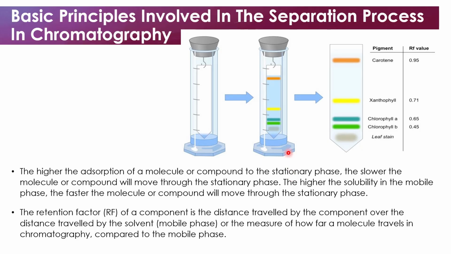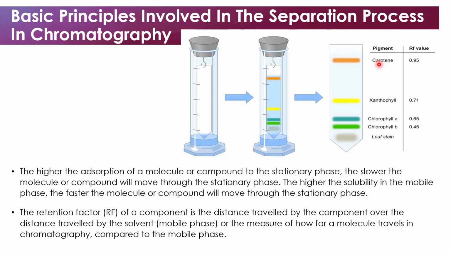Using the chromatogram over here as an example, we can see that the most adsorbed plant pigment onto the stationary phase is chlorophyll B, followed by chlorophyll A and xanthophyll. And the most dissolved plant pigment in the mobile phase is the carotene.